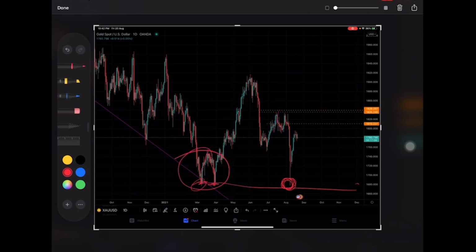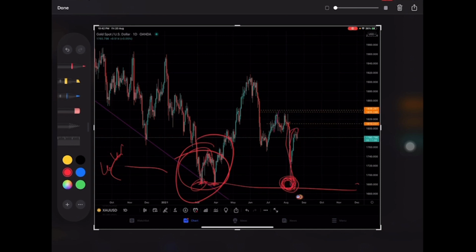There are so many times that this kind of thing happens, so Uncle hopes you guys can practice. And remember, this kind of setup only happens at a support zone or resistance zone. This is a support zone from a previous level, and this happens. The price comes back and goes back up.